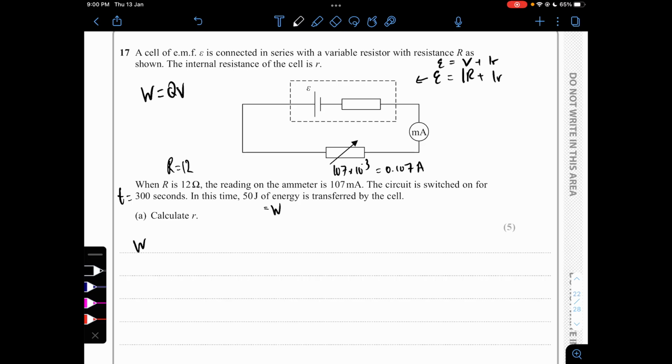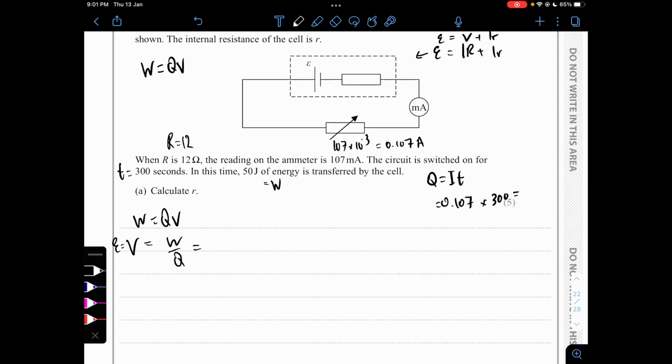V in this case is also our E, the PD, so W over Q. Can we work out what Q is? Yeah, we can, because we know Q equals It. In this case, that is 0.107 times 300.